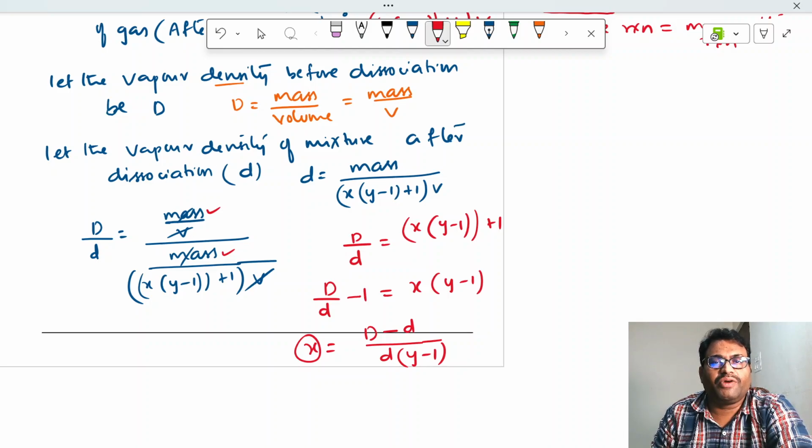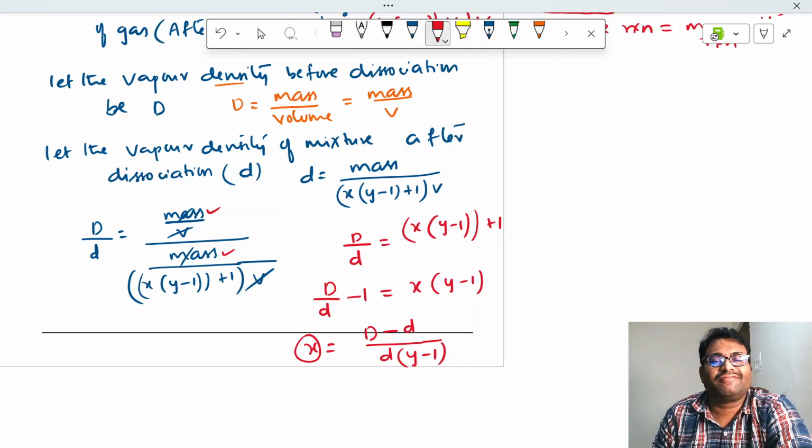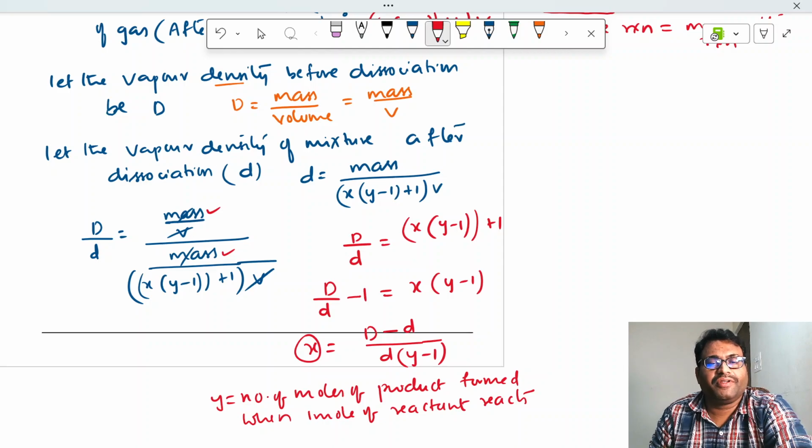What is y? y is the number of moles of products formed when 1 mole of the reactant dissociates. What is x? Degree of dissociation, already we have written that.